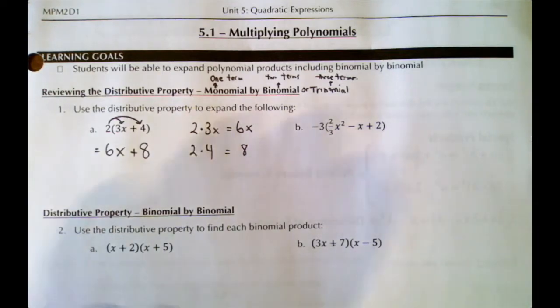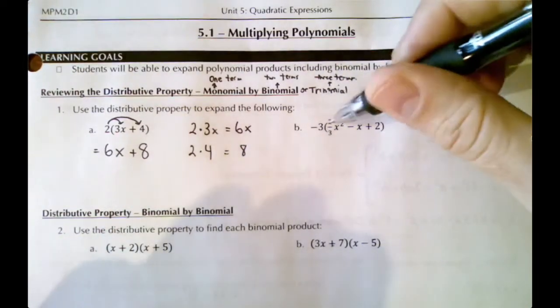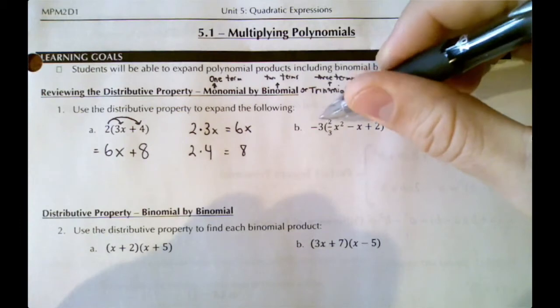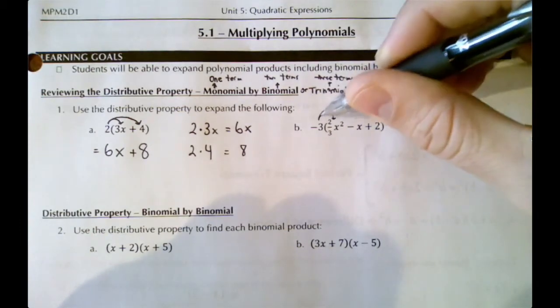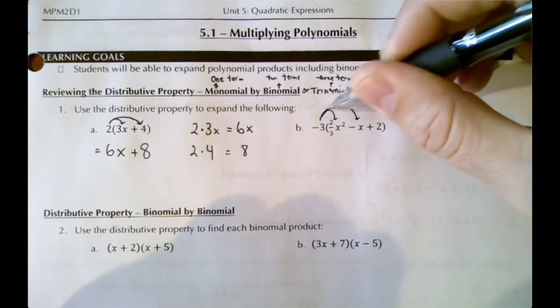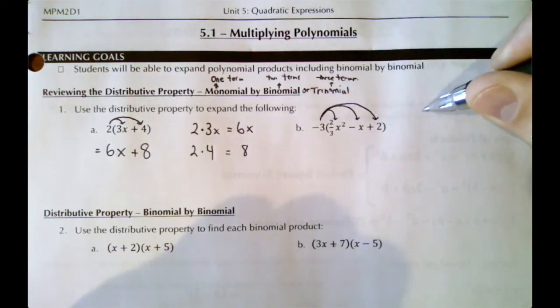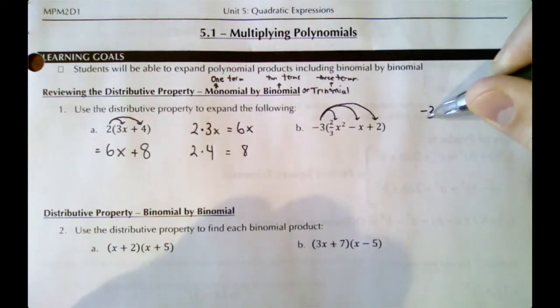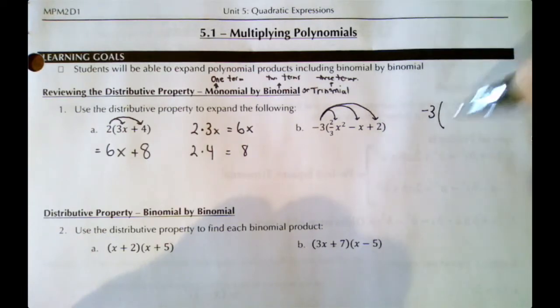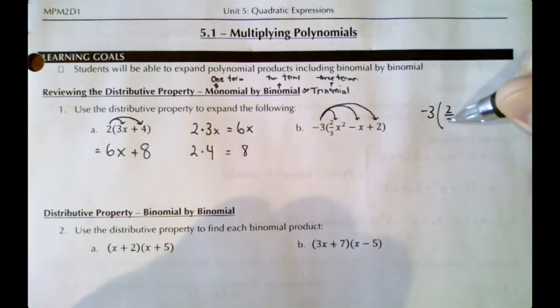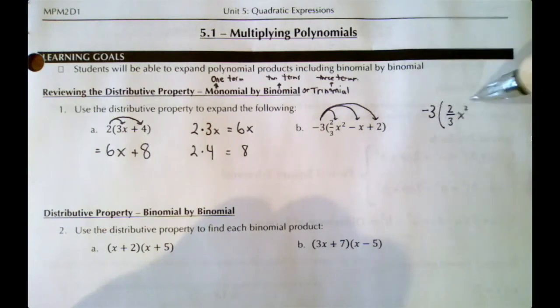Let's do one more example. We have negative 3, and in the brackets we have a trinomial, so we're going to take that negative 3 and multiply it by all 3 of these terms. The key for this one is to remember that the 3 is negative. I'm going to show the work off to the side. The first multiplication is negative 3 times 2/3 x squared.